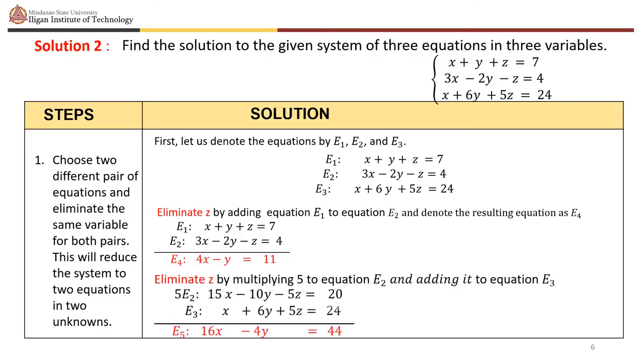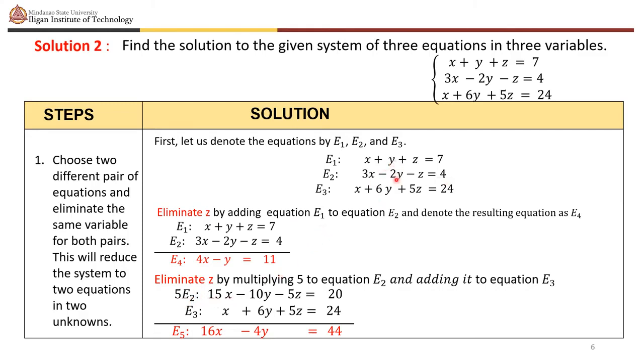And then we eliminate again z by multiplying 5 to equation e sub 2 and adding it to equation e sub 3. So since our e sub 2 is 3x minus 2y minus z equals 4, when we multiply it by 5, we have now 15x.